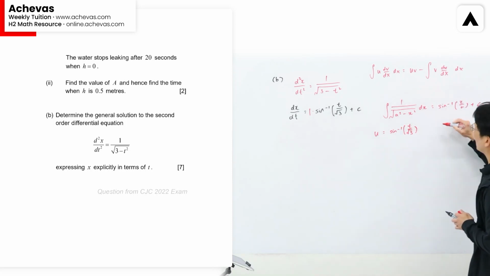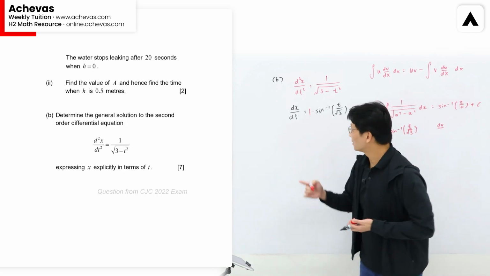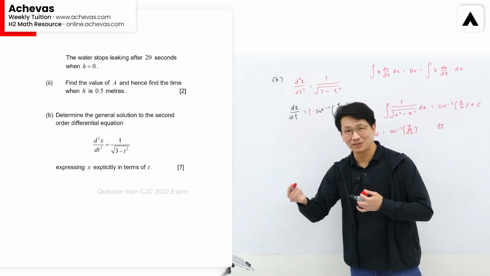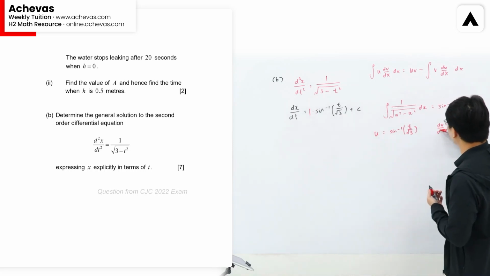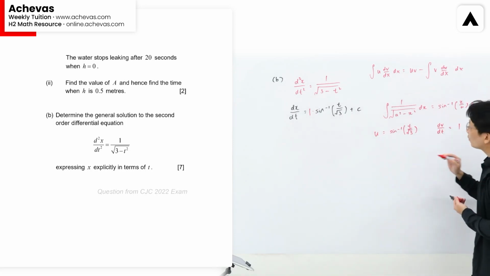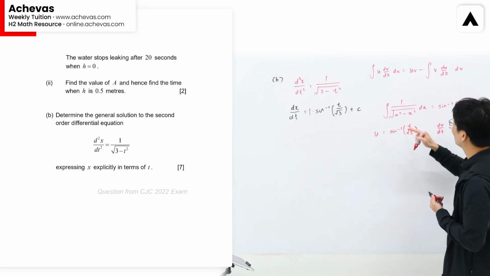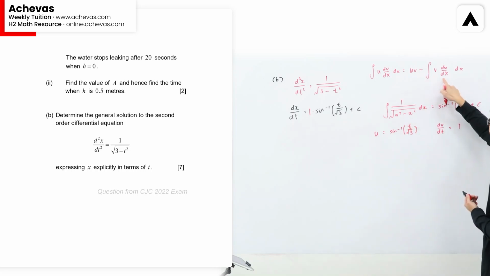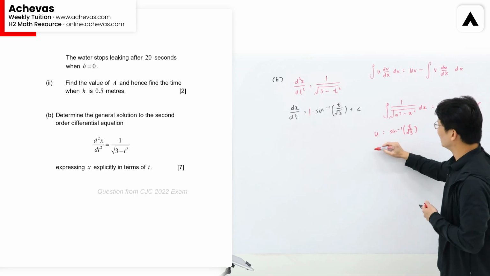And we will assign our dv over, probably I'm not going to use dx because now the variable here we are dealing with is t. So we will just consider as a dt here, and this is equal to 1. We will just need to find the corresponding v and the du over dt in this case.